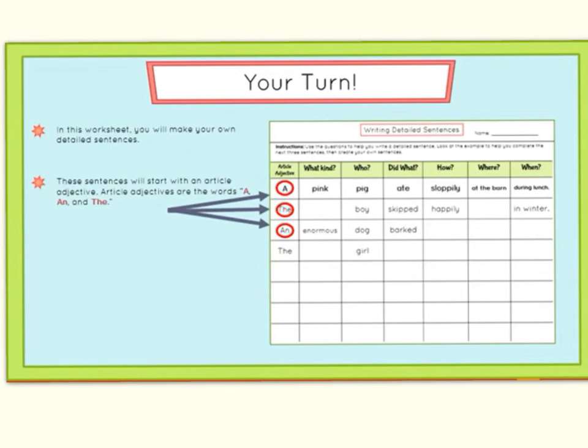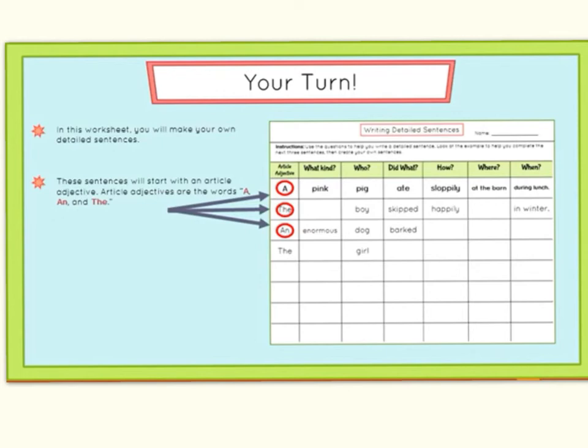If you remember, if the noun starts with, or the adjective starts with A, E, I, O, U, we use an. Do you remember when we spoke about we don't say a elephant, we say an elephant? Well, just over here, if you can see, we have an enormous, because if we said a enormous, it would sound kind of strange, okay?